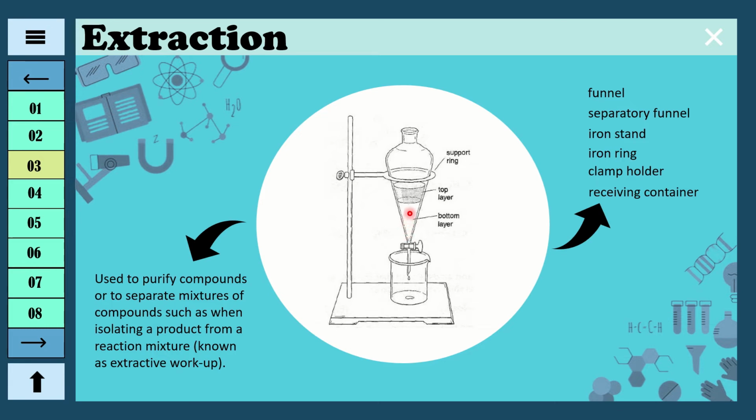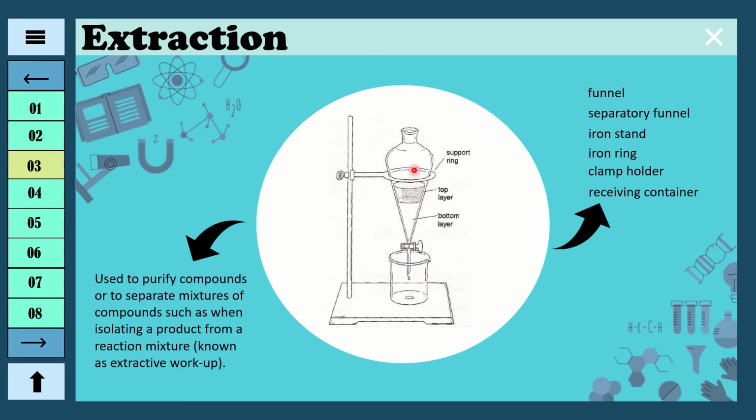Afterwards, when all of the mixture is in the separatory funnel, you have to remove the funnel again and cover the separatory funnel with the stopper. Make sure also that the stopcock here is closed to prevent the liquid from spilling.